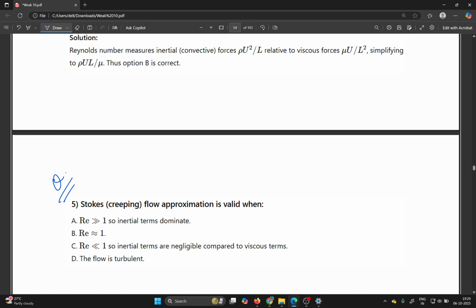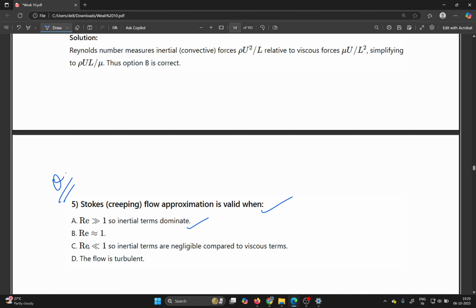Question 5: Stokes flow approximation is valid when? Option A: Reynolds number greater than 1, so the inertial term is dominant. Remember, please. Option B: Reynolds number equal to 1, not exactly equal to 1, but approximately equal to 1.